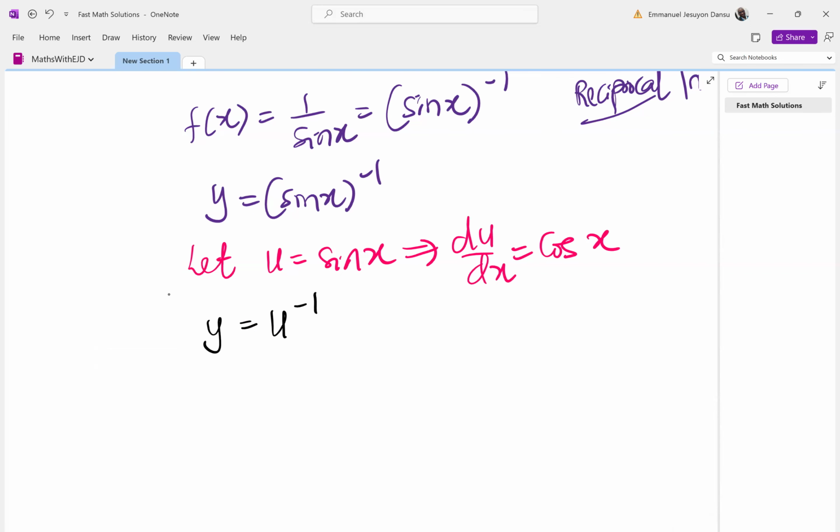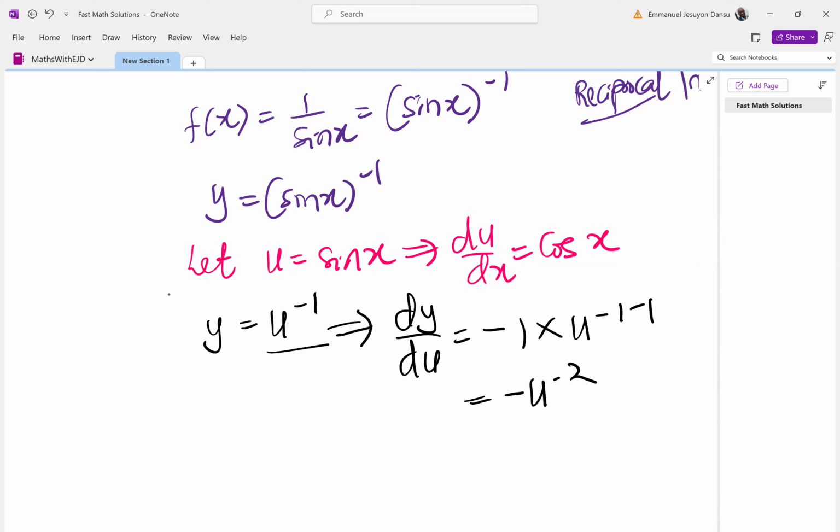And to differentiate, that also implies that dy du is equal to, so to differentiate u raised to power minus 1, the power comes down. So you have minus 1 times the original u to the minus 1 reduced by one, which is the same thing as minus u raised to power minus 2.